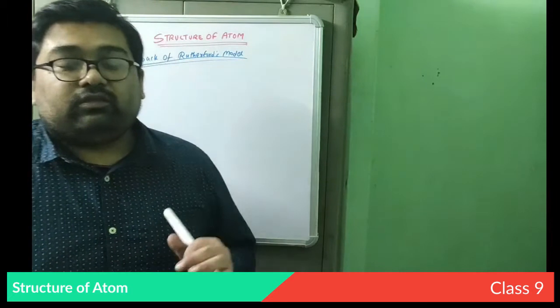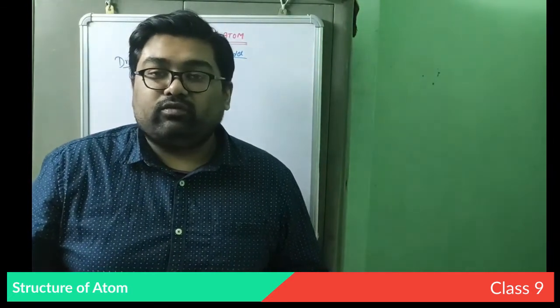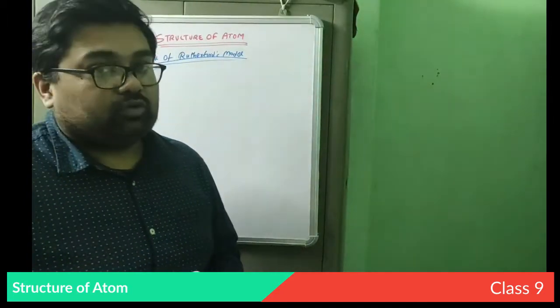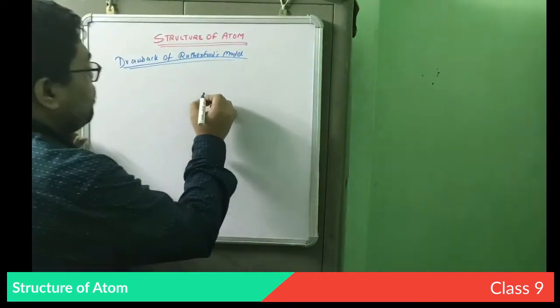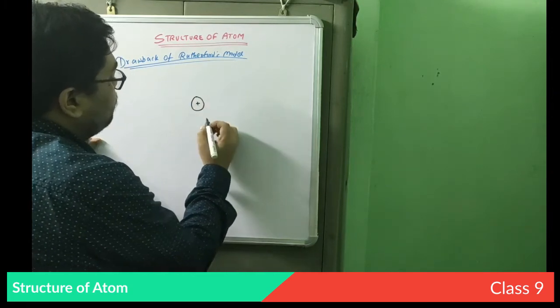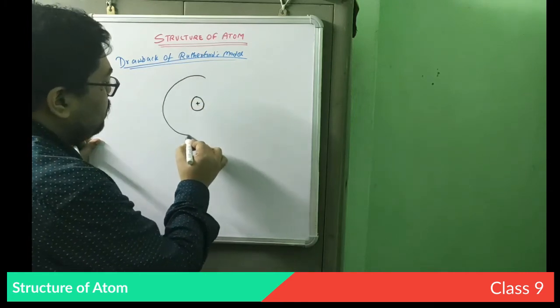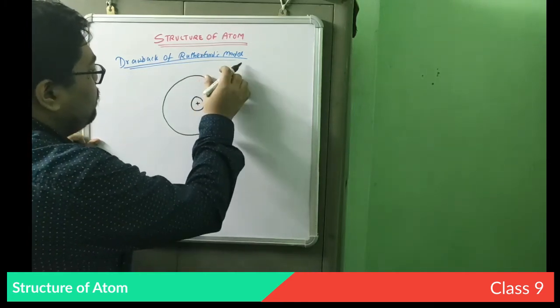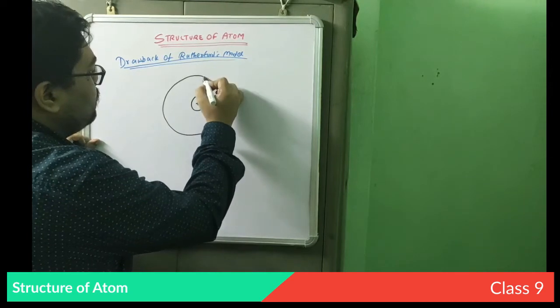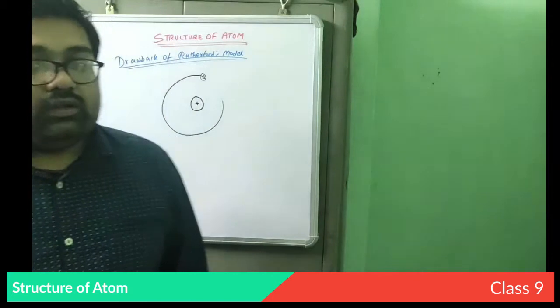That means the stability of an atom cannot be explained with the help of Rutherford's experiment or Rutherford's model. Why? See, if I consider this nucleus, and suppose the electron is revolving around this circular path. Okay, the electron is revolving around a circular path, right?